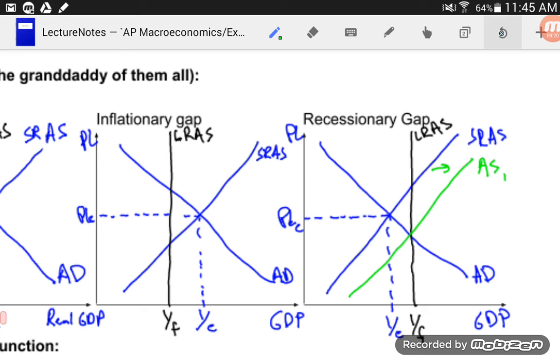Now here's maybe the big area where classical and Keynesian economists disagree. The classical economist would say, yeah, leave it alone. We will get back to that equilibrium. Wages will decrease, and then output will increase, and we'll get back to our potential GDP.